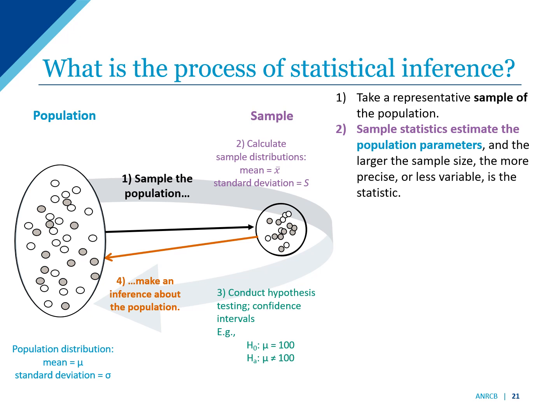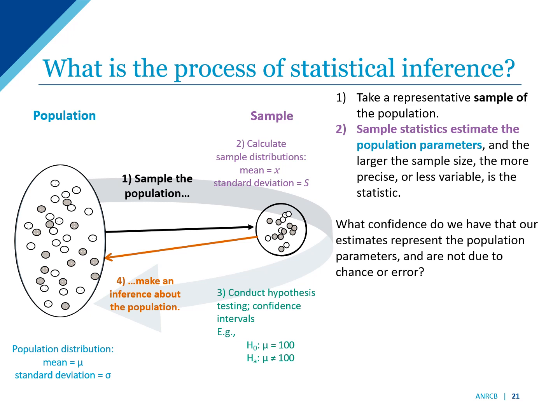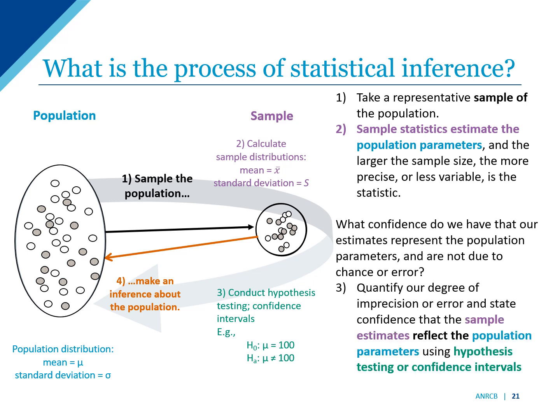Now we want to know how well that estimate represents the population. What confidence do we have that our estimates represent the population parameters and are not due to chance or error? We can better answer this by using 95% confidence intervals and hypothesis testing to make a statement about the population from our sample.